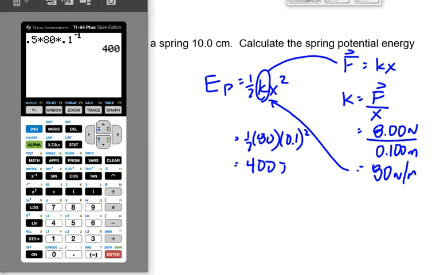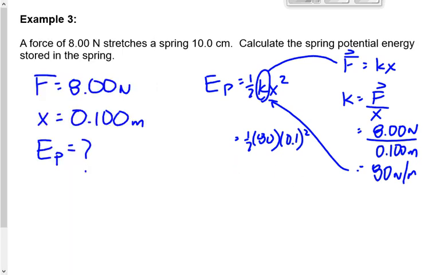Oh, what have I done there? 0.5 times 80 times 0.1 squared gives me 0.4. That sounds better. 400 is a really, really big number. For this, 0.4 sounds much better.